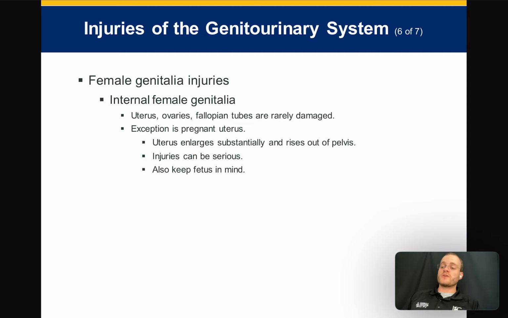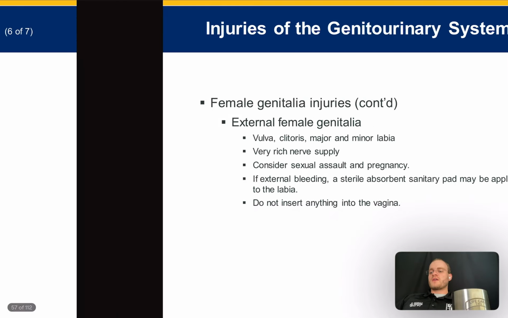But in pregnancy, when they're very big and these walls are getting stretched out to their limits, yes, you can rupture them or you can damage or bruise the uterus. Okay? And it's also because the uterus normally sits kind of down in the pelvis, but when you're pregnant, it's obviously way out of the pelvis. And so this is something to keep in mind. And if they are pregnant, you need to keep the fetus in mind because that energy was transferred into the fetus. Okay?